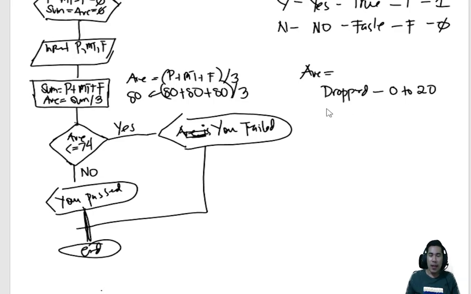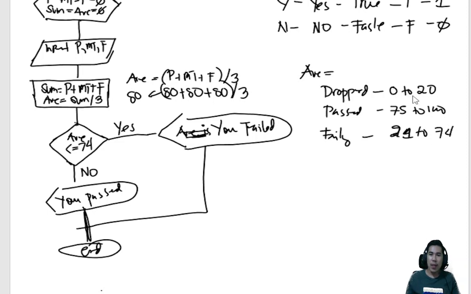The passing grade is 74 or 75 to 100. And the failing grade is 21 to 74.